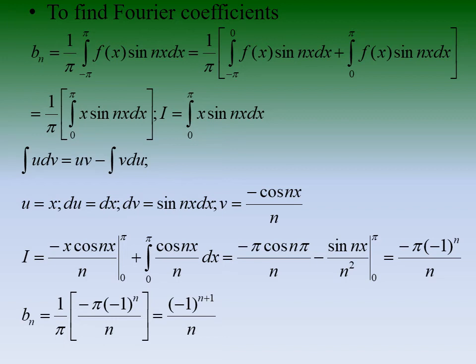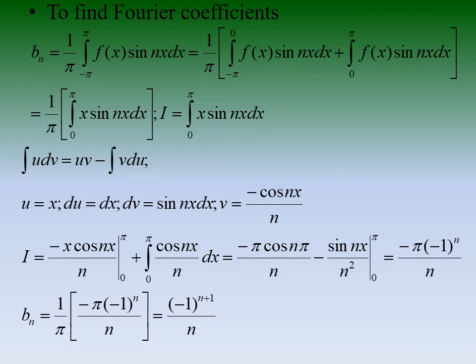If you substitute this, I is equal to minus x cos nx by n, substituting the limit 0 to pi, plus integral from 0 to pi cos nx by n dx. If you substitute the limits pi and 0, this value is equal to minus pi cos n pi by n, and if you substitute the limit 0, it is 0.